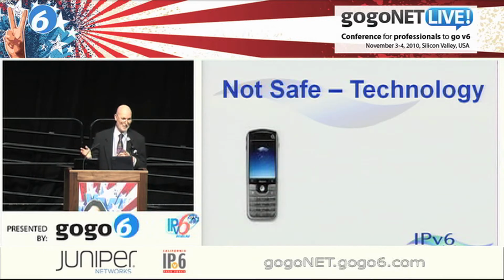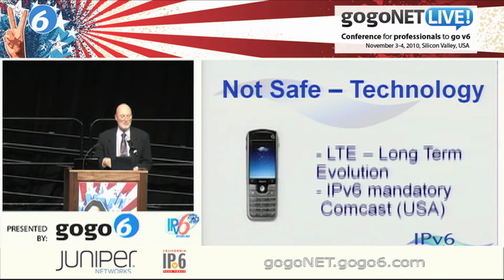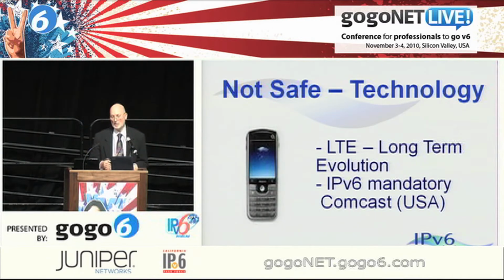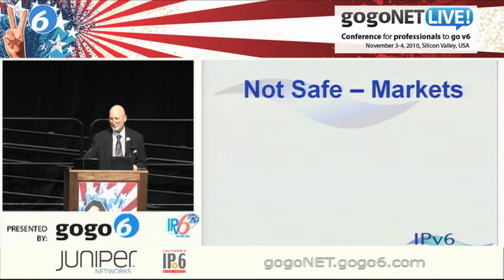I thought that might be the case in 12 months or 2 years' time, but it turns out it's already the case. More than that, from a technical standpoint, the long-term evolution, the LTE mobile phones are going to be V6 mandatory. Possibly they will be only V6. Comcast in the US has said that V6 will be mandatory and has already issued their specification for their next handheld models to the manufacturers and said it's got to have V6, it's got to be LTE compliant.